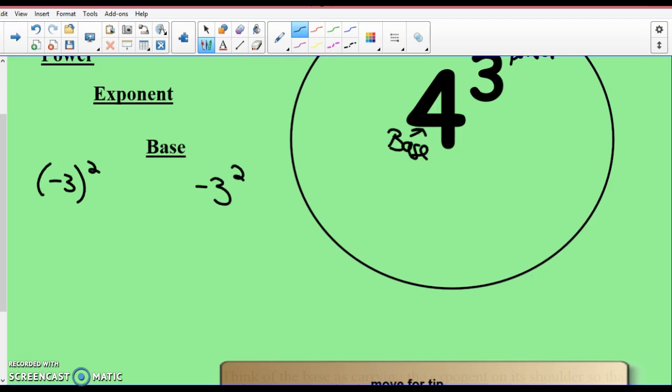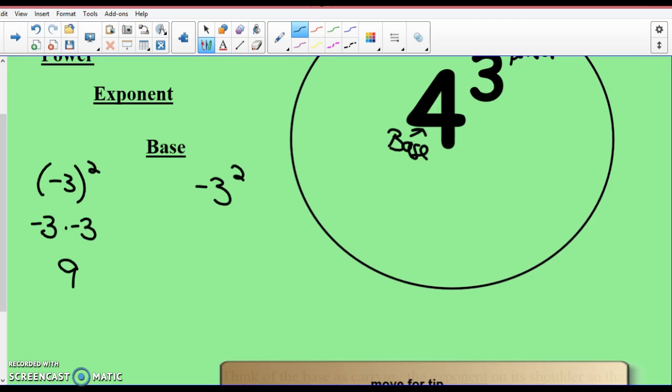Correct. So in expanded form, this means -3 times -3, because in parentheses, this whole thing is being squared. What is -3 times -3, everyone? Positive 9. A negative times a negative is a positive. So -3 squared means -3 times -3, which is positive 9.